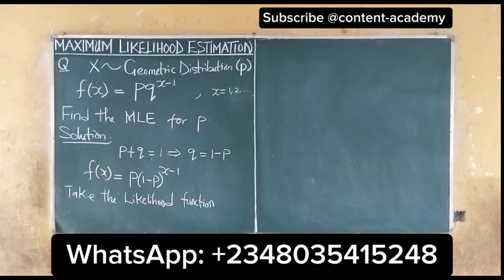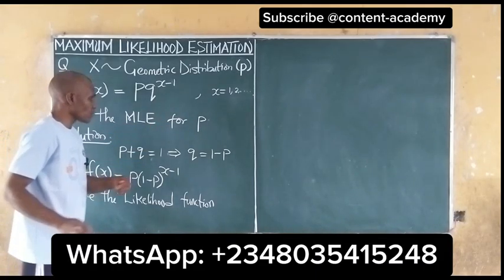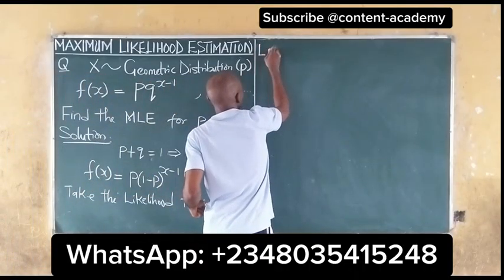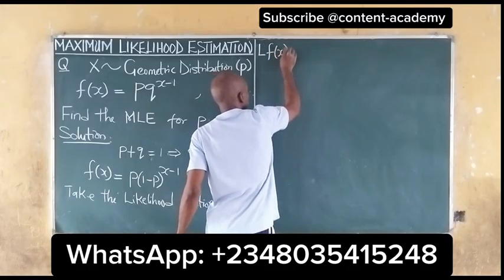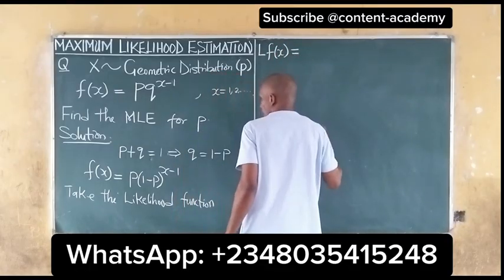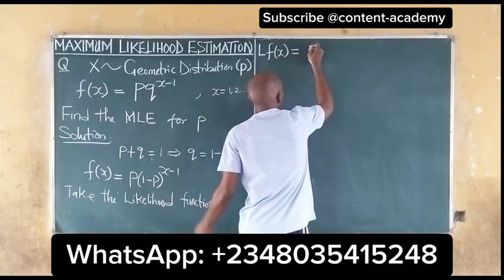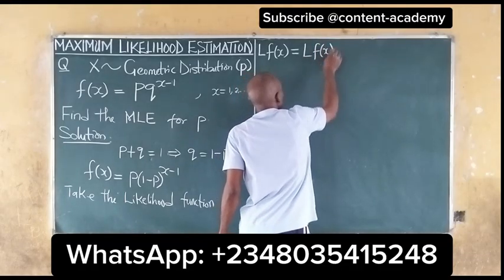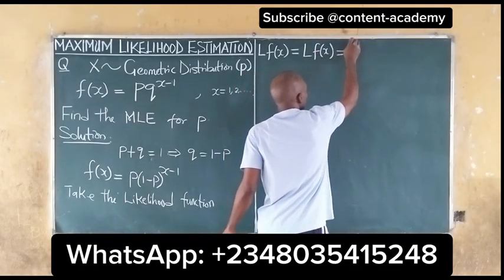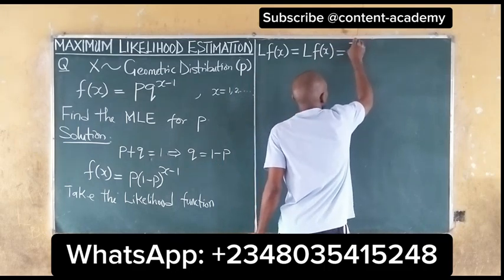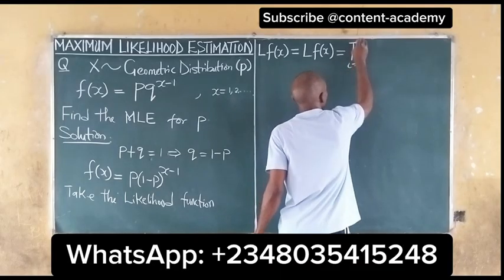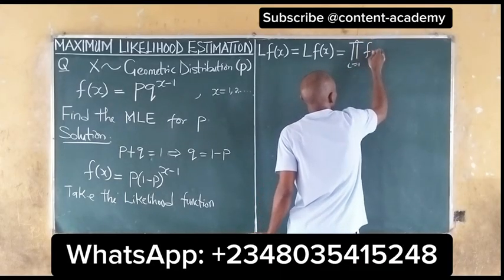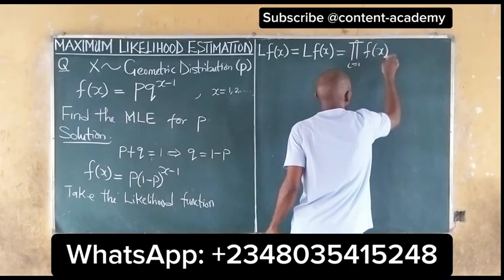Taking the likelihood function is quite simple. We move over to this other side of the board. So the likelihood function of our given PDF is equal to the product of the given function.